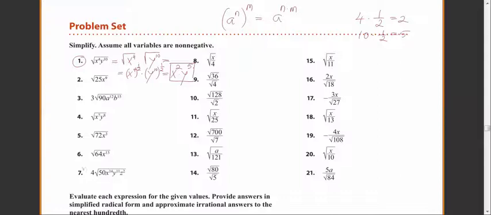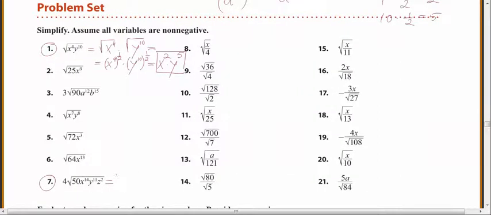Let's do number 7. As in the previous one, I will break this square root of a product into the product of the square roots.